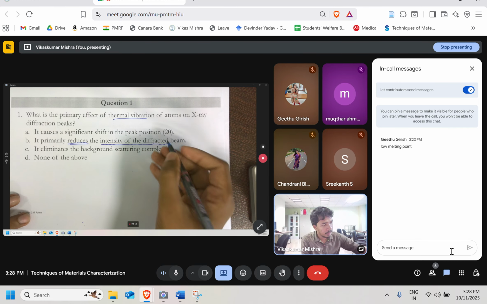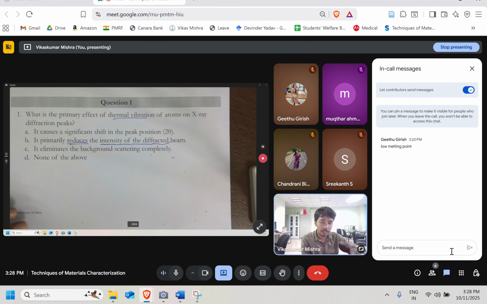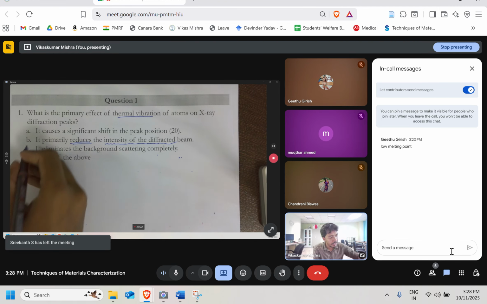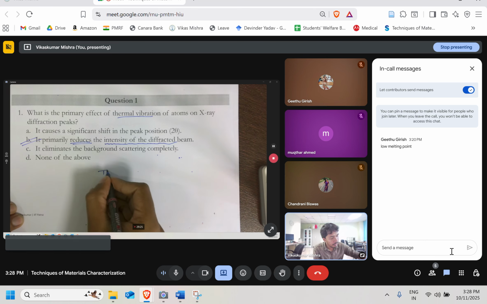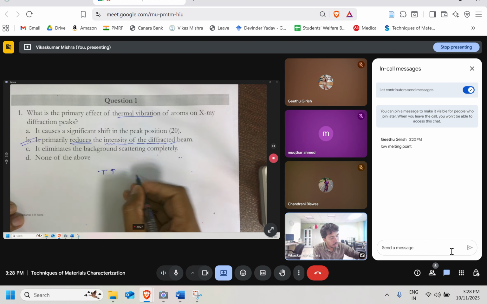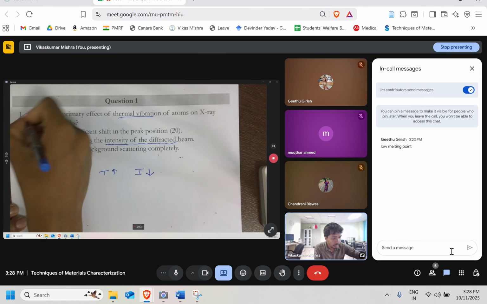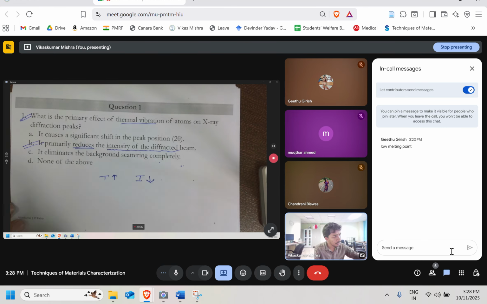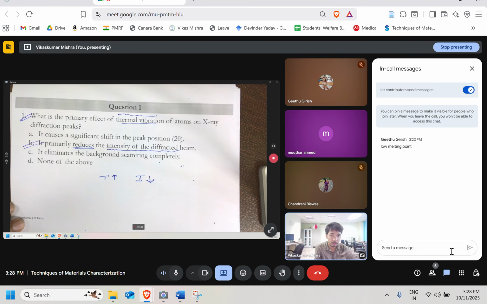One can say that option A can also occur under certain conditions and constraints, but on the larger scale, if we keep on increasing the temperature, our intensity will keep on decreasing. So the right answer here is option B. This is how thermal vibration is going to affect it.